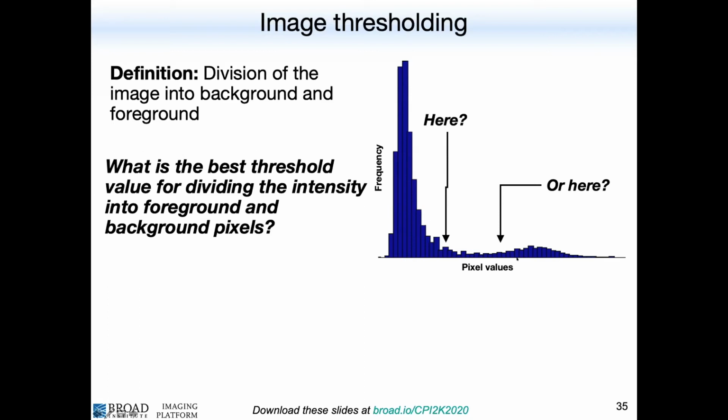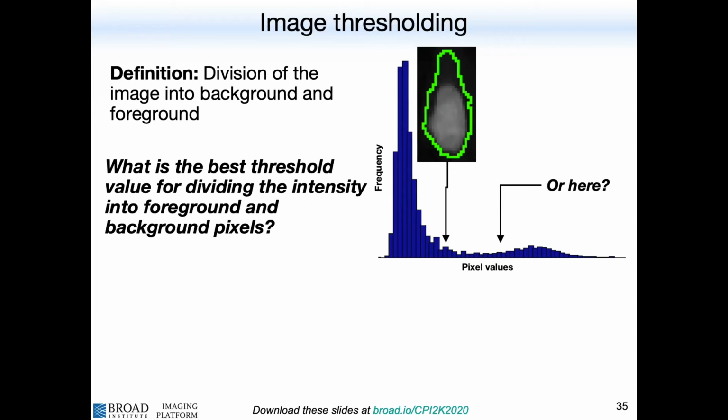The goal of a thresholding algorithm is to decide where to draw the dividing line between the background and the stuff that we care about. If I draw a line here, we capture the nucleus, but we also capture a lot of background, which in this case is cytoplasm. Now my biological question is that I want to detect nuclear translocation.